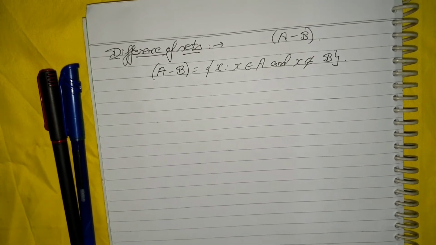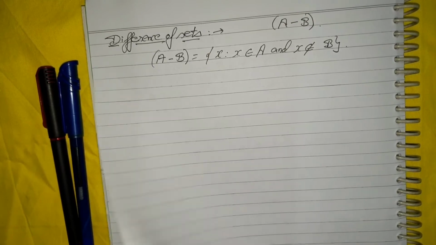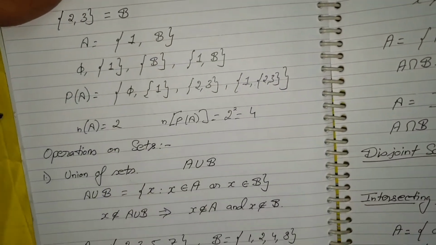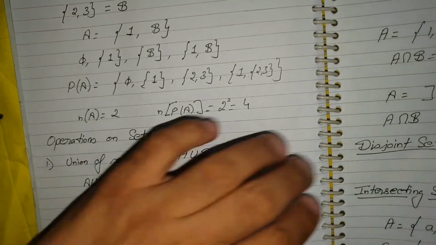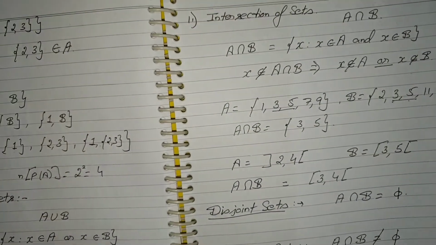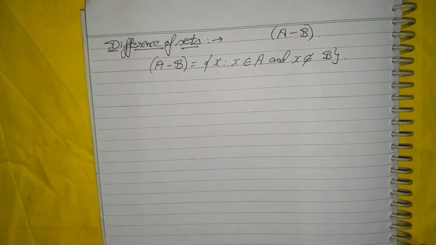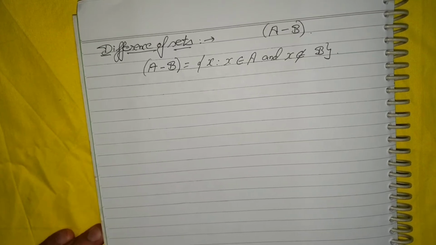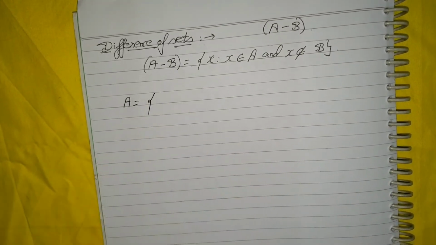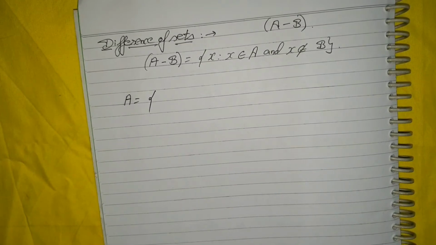Now again, for the illustration of the union of set, intersection of set, and the difference of set, let's take an example. Now consider set A. I am just defining set A as the factors of 6.